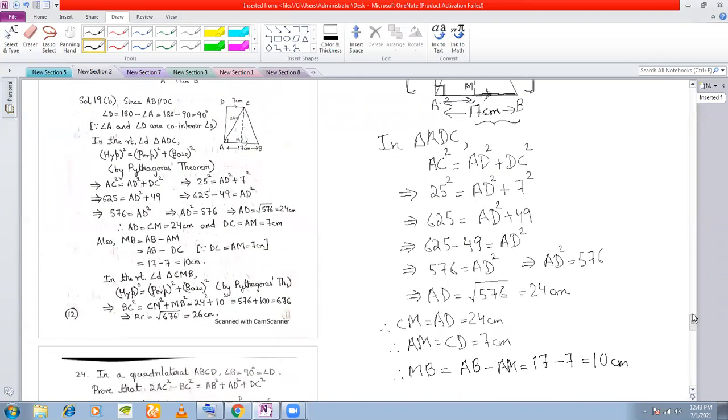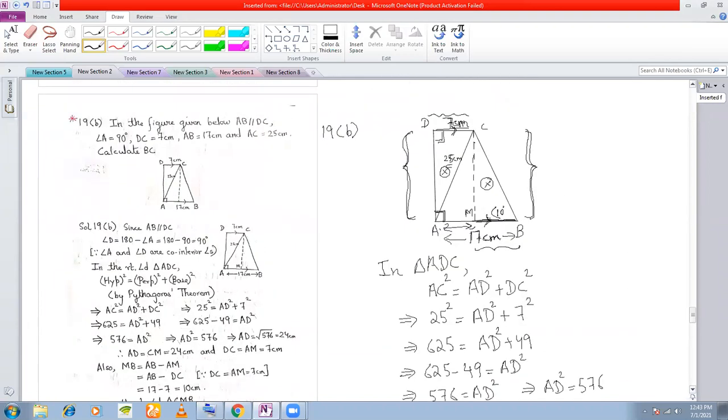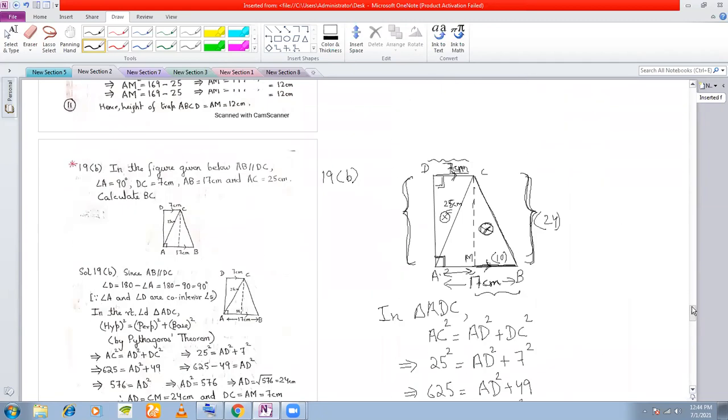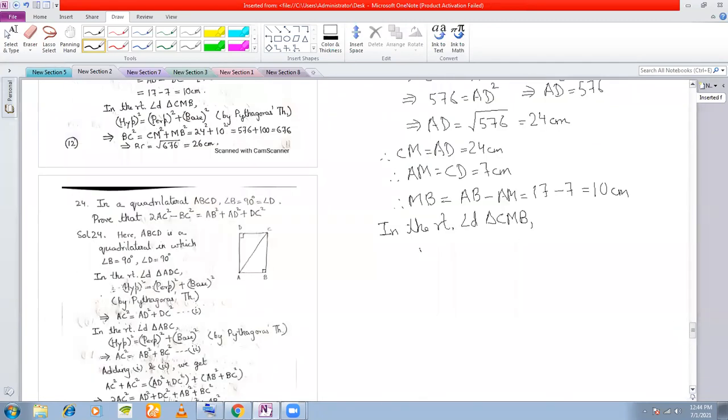So now you have got this length as 10 centimeters and this length as 24 centimeters, right? Now in this right angle triangle, if you consider BC as your hypotenuse, use Pythagoras theorem here. In the right angle triangle CMB, hypotenuse here is BC, so BC square.